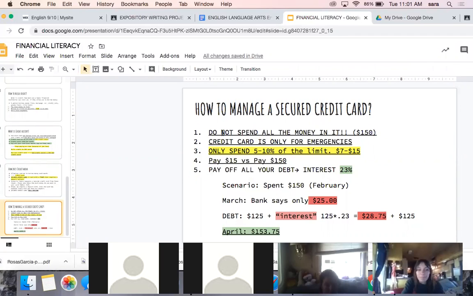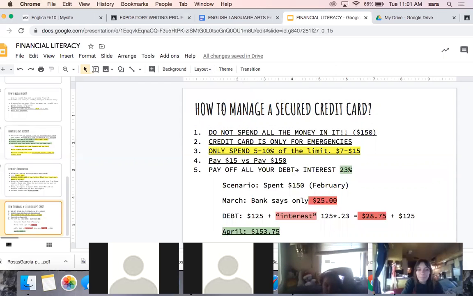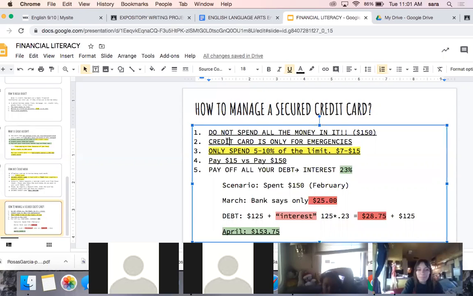Well, number one, do not spend all the money on it, okay? If you have a $300 limit, spend a little bit. Remember, the credit card is only for true emergencies, like you've got no food left, no gas, you forgot your cash, then you can use your credit card because that's the only thing available.